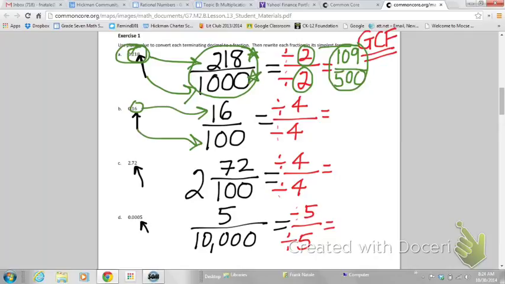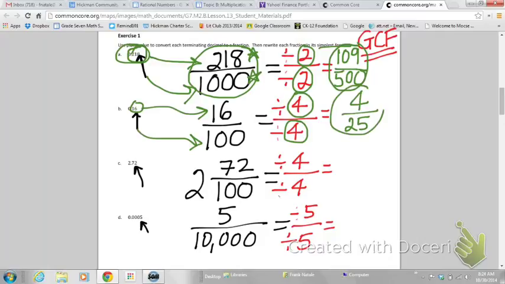I know that 4 is the largest factor of 16 that can also go evenly into 100. So I'll do that, and my simplified fraction is going to be 4 over 25, or 4/25.